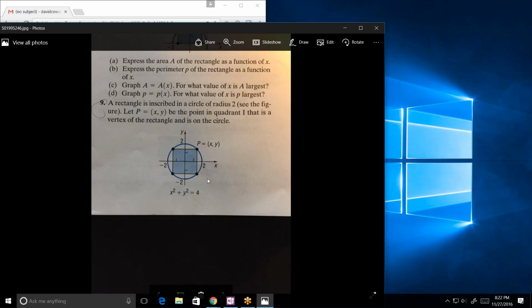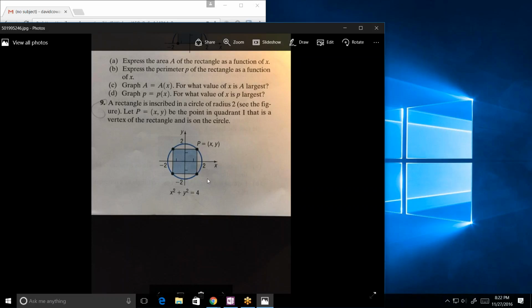The perimeter, again, is going to be two bases plus 2 heights. So the base is 2x, so the perimeter is still going to be 4x plus 4y now. So that's really the only difference between problem 8 and 9.